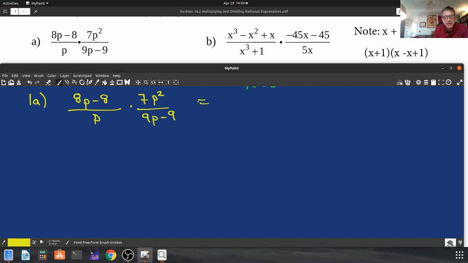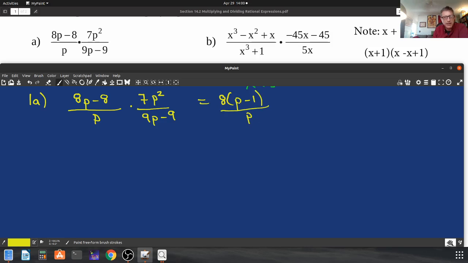The first thing I'm going to suggest you do is simplify anything you can. Clearly in 8p minus 8, I can pull out the greatest common factor, which is 8. That becomes 8 times (p minus 1). It's still divided by p.